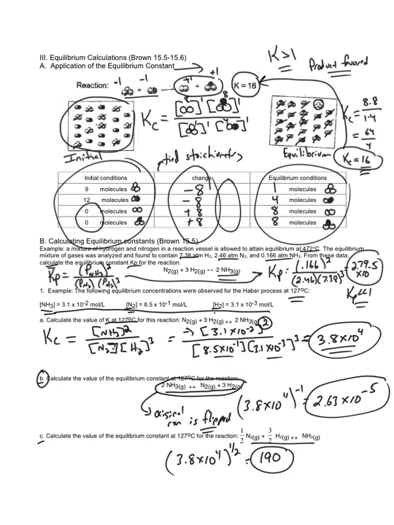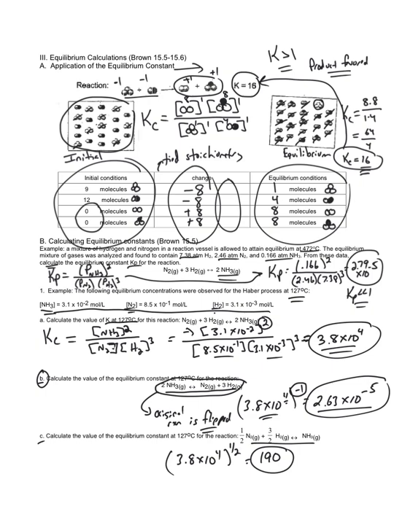Since I know the Kc at 127 degrees, if I flip it, I can use the same number, but now because I flip it, it doesn't become negative. I have to take that number to the negative 1. And taking the negative 1 doesn't simply mean that that power of 4 is now to the negative 4. We literally have to take the inverse of 3.8 to the fourth, and we get 2.63 to the negative fifth.